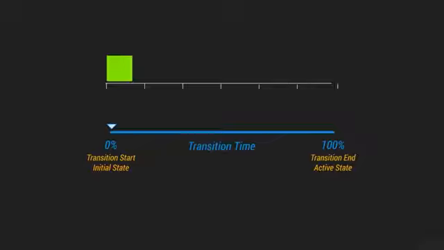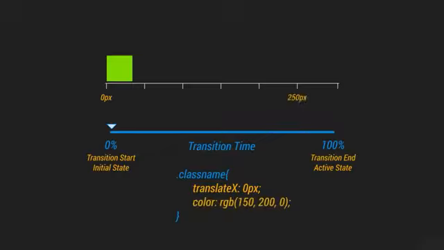For example, if you have an element that starts at an absolute position of 0 pixels having some color and ends at 250 pixels having another color, a CSS3 transition could smoothly animate between those two states without defining the individual frames.